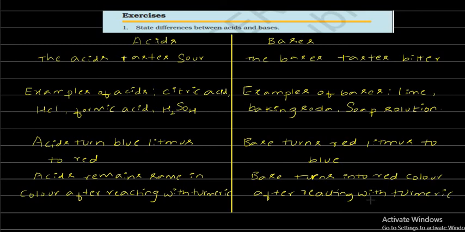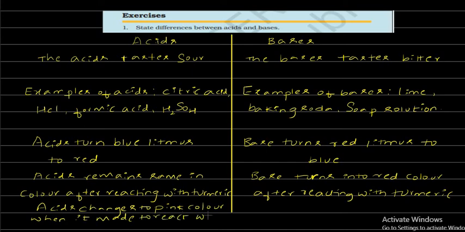Next, China rose. Acids change to pink color when made to react with China rose. And what about the base? How will it react with the China rose?